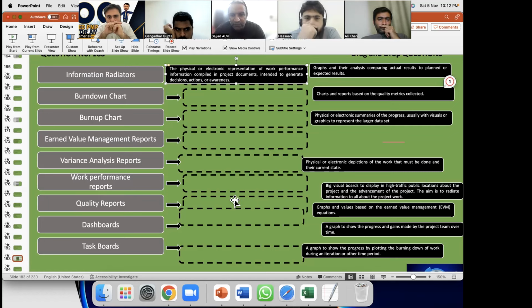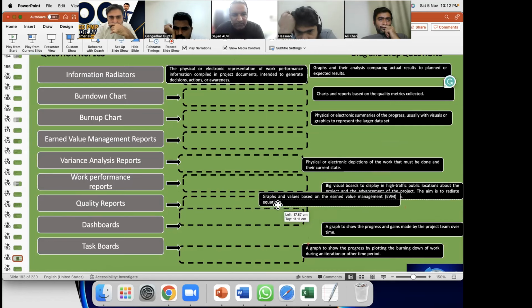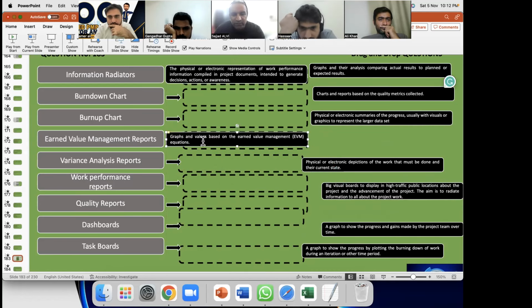So the graphs and values based on the earned value should go to the performance report. Graph to show the progress and gains made by the project team over time, so it should be burn down chart.